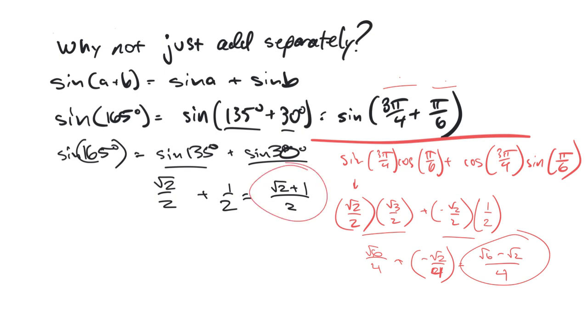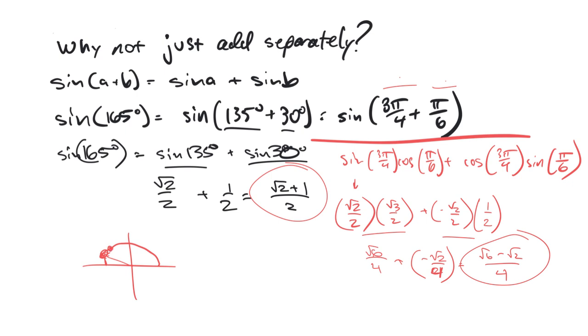Now remember, if we are going to talk about the unit circle, I'm just going to draw a rough one here. 165 degrees puts us somewhere over here. Okay, and on the unit circle, the sine value is going to be small, right? Right here, our sine is radical 2 over 2.